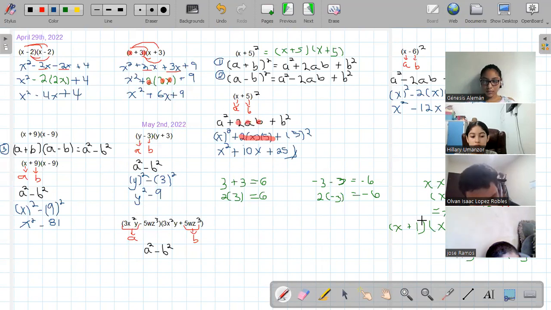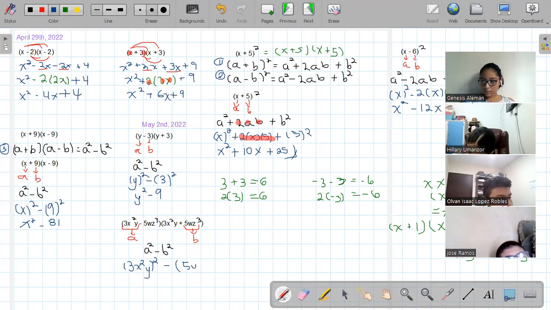So I'm going to elevate that to the square. I'm going to say A is 3x squared y, and that is to the square, minus B is 5wz cubed, and that should also go to the square. Let's see, how do I solve this?